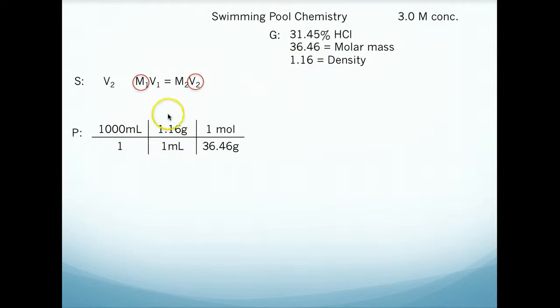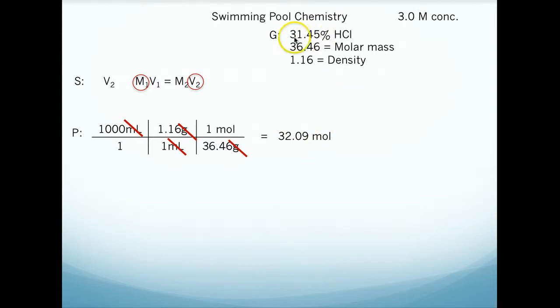So we're going to put that in our conversion here because we're going to get rid of milliliters and take it to grams. Once we take it to grams, we can take it to moles because we know the molar mass is 36.46 grams per mole. So we set this up in our conversion. Milliliters cancels and grams cancels. And when we do the math here, we see that we have 32.09 moles.